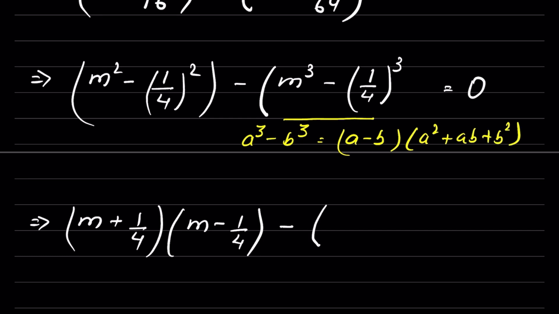So let's write it as m minus 1 upon 4 then times m square plus 1 upon 4m plus 1 upon 4 square.